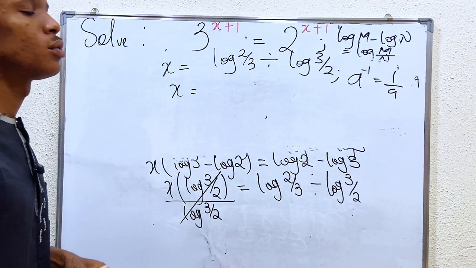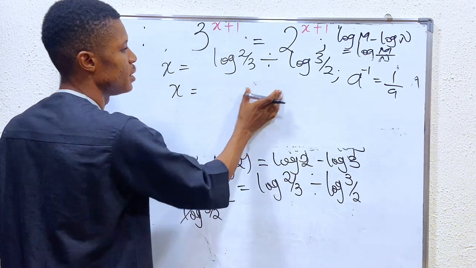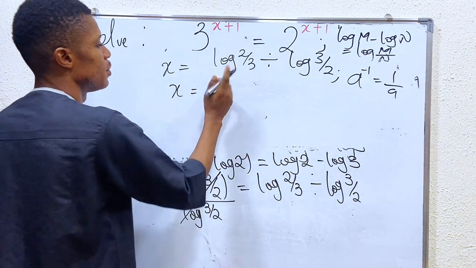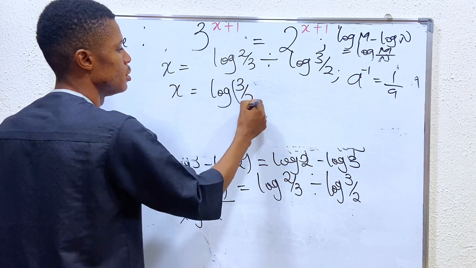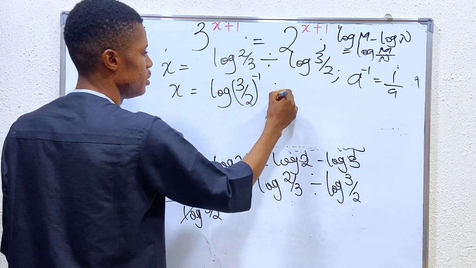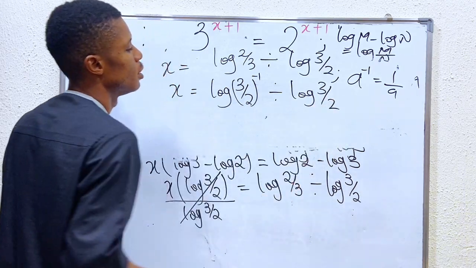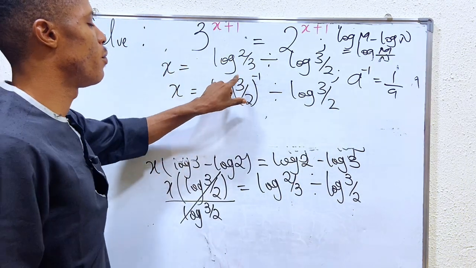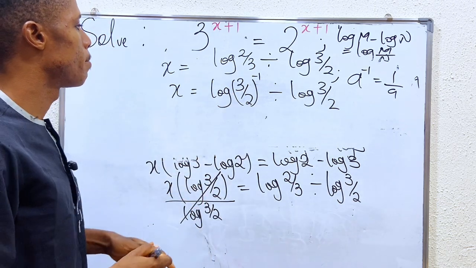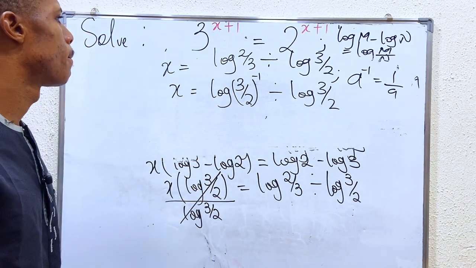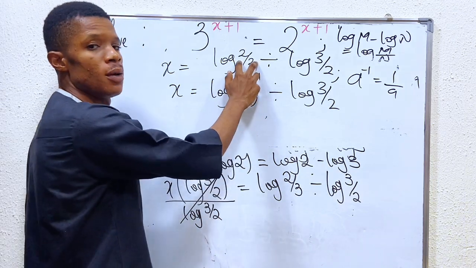Okay. So to make it simple, it's very easy. Since we have this, recall that we can write this as log of (3 over 2) raised to the power minus 1, divided by log (3 over 2). Because if you raise this to the power of minus 1, it still becomes this.